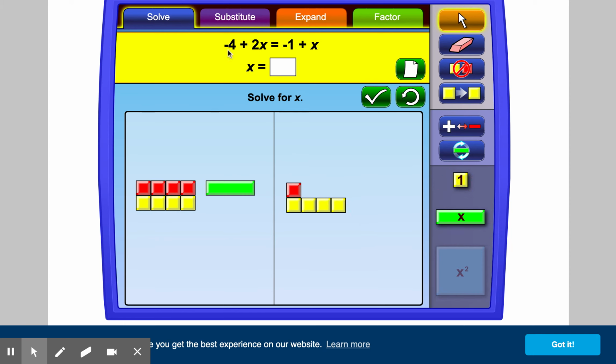And that's just because this is a -4, so I would add +4 to this side. This was -4, so I had +4 on both sides. Okay? Now I can do my cancel out. So this cancels out. Sorry, I don't know why that didn't work. This cancels out. This cancels out.